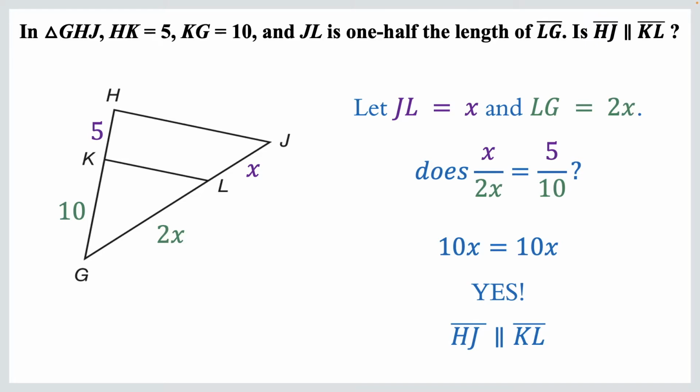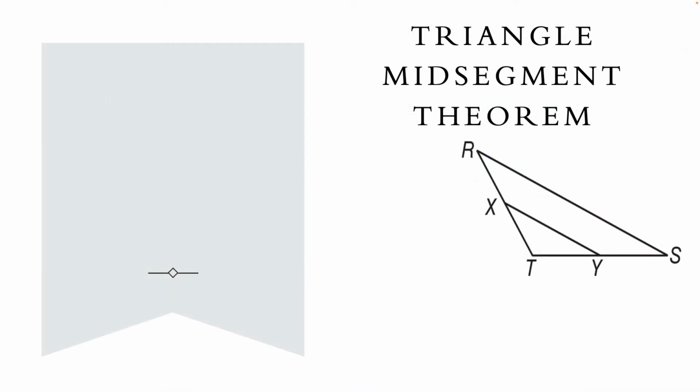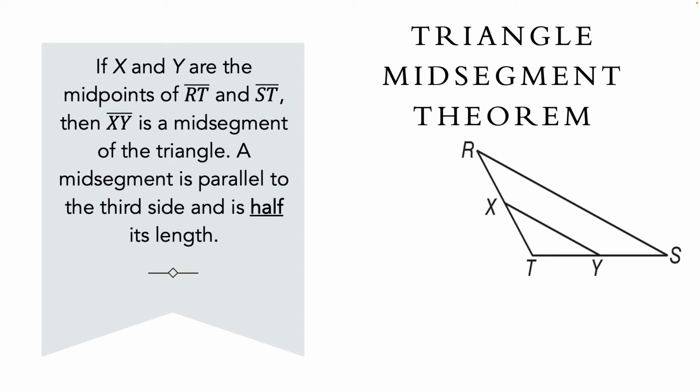Okay, so the next thing we're going to look at is called the triangle midsegment theorem, which says if X and Y are midpoints of RT and ST. So let's pause that and put that on our figure here. X is the midpoint of RT, which means RX and XT are congruent. And Y is the midpoint of ST, which means it breaks up this side into congruent pieces.